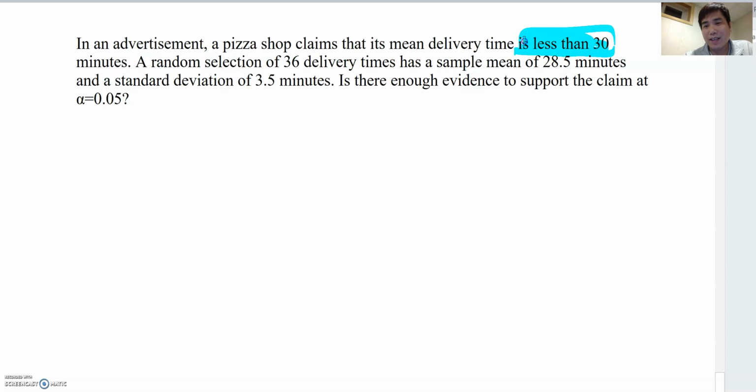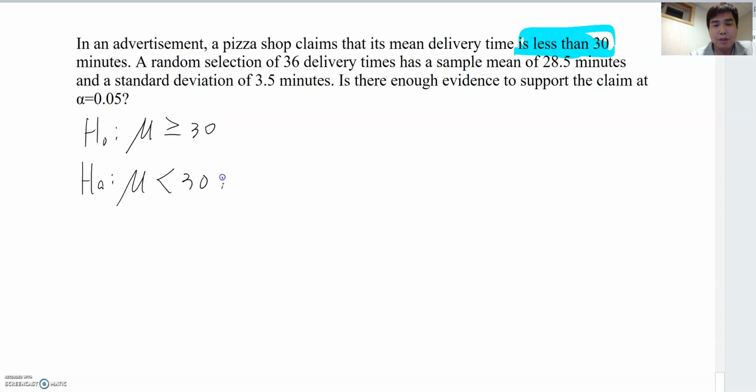It shows less than, an inequality phrase, so we know this is one tail. And less than means going toward the left side, so it will be a left tail test. So it becomes HA: mu is less than 30 minutes, and H0: mu is greater than or equal to 30 minutes, and the claim is HA.